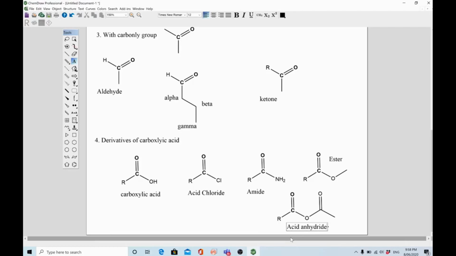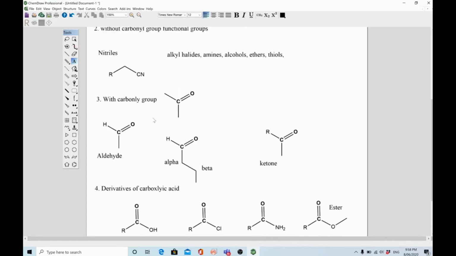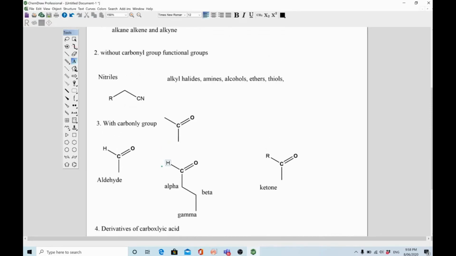I think that's it. And yeah, a couple more functional groups which do not fall into this category, which I missed. I think one is epoxides. If there is oxygen in a ring, these are called cyclic ethers or epoxides.